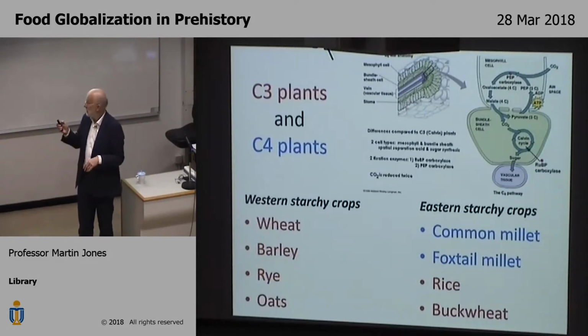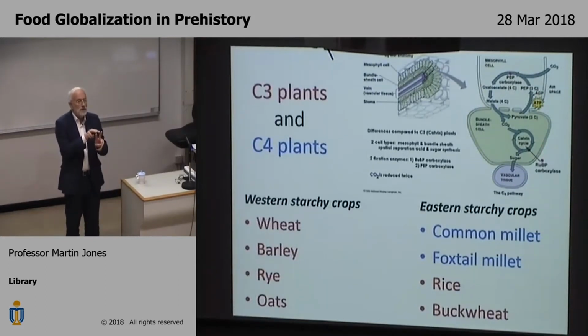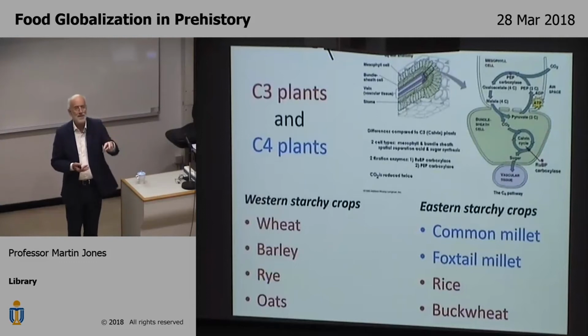And you can see both the millets are C4 plants. And the significance here is those two forms of plants fix carbon in different proportions and have different isotopic signatures, which we can pick up thousands of years later, not just in the plants, but also in the humans or animals that ate the plants, and also in the humans that ate the animals that ate the plants.